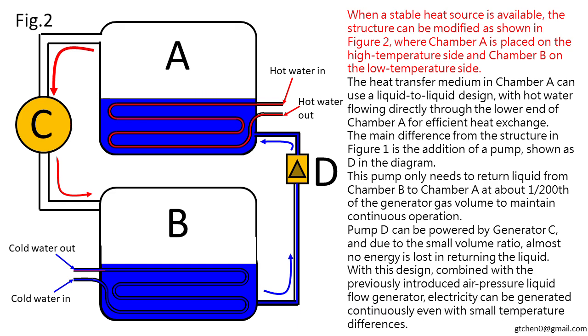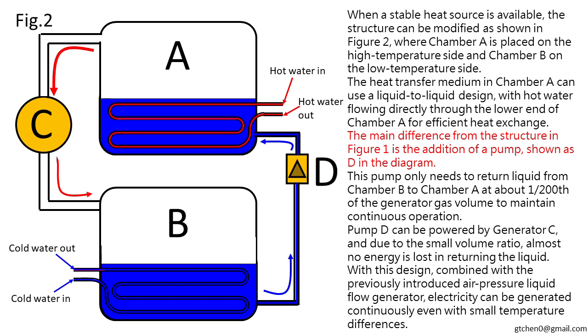When a stable heat source is available, the structure can be modified as shown in Figure 2, where Chamber A is placed on the high-temperature side and Chamber B on the low-temperature side. The heat transfer medium in Chamber A can use a liquid-to-liquid design, with hot water flowing directly through the lower end of Chamber A for efficient heat exchange.